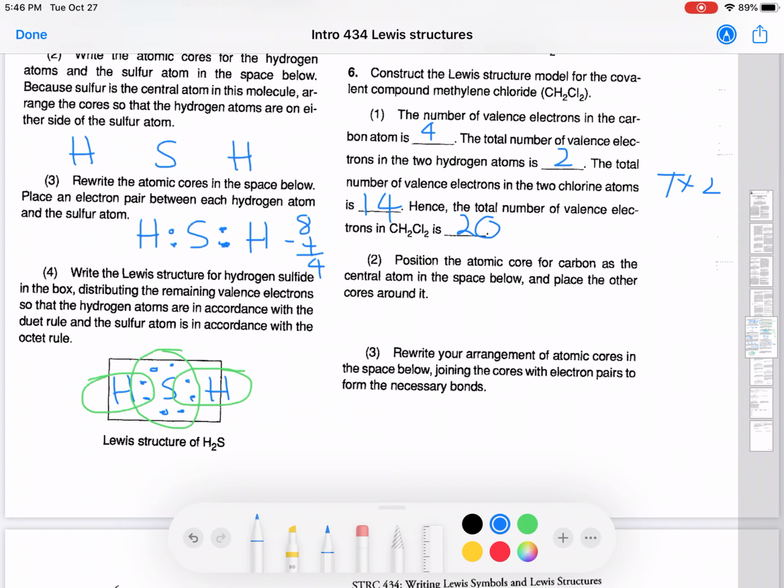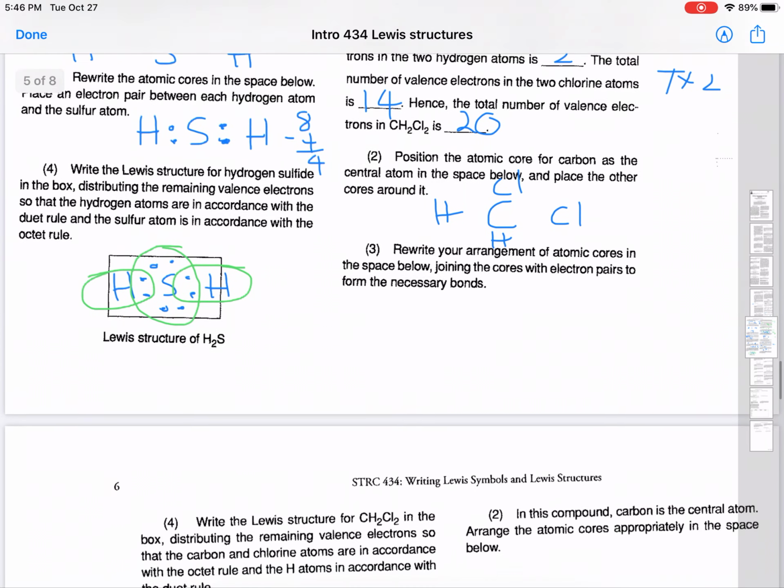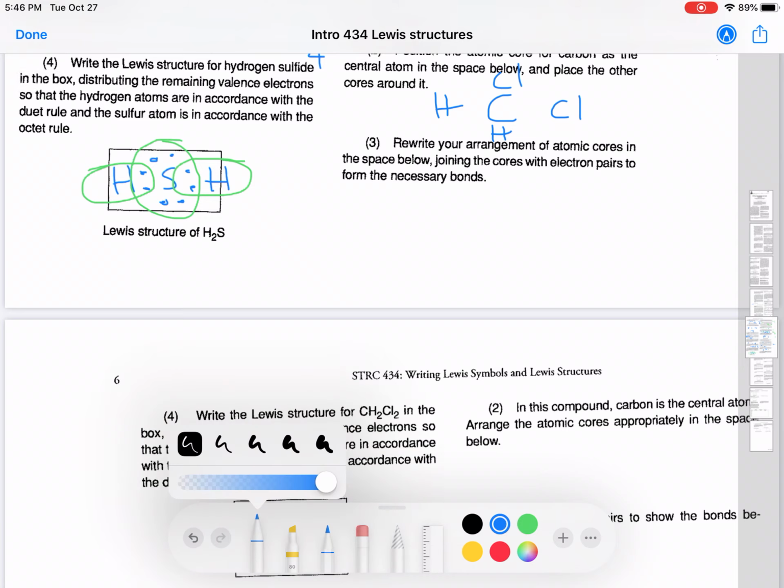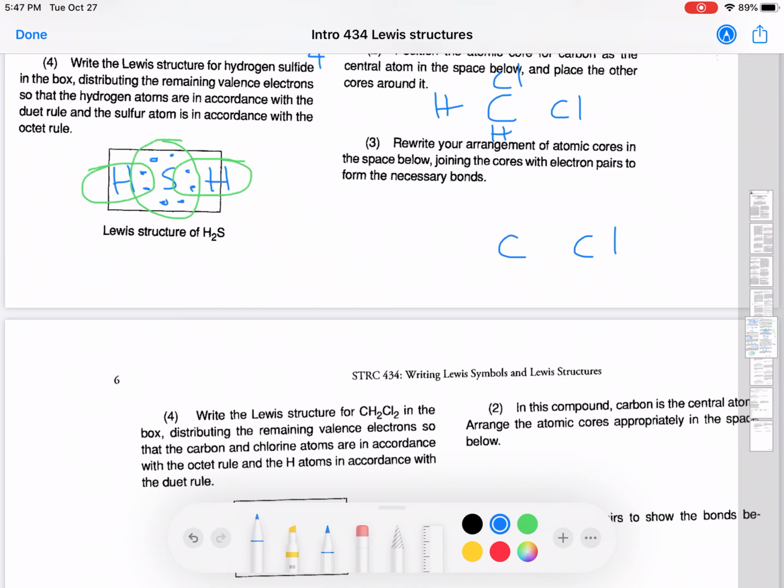Position the atomic core for carbon as a central atom, and then the other cores around it. So here we can have 2 hydrogens, and then the chlorines, and then put a pair of electrons between them. Carbon, chlorine, hydrogen, chlorine.